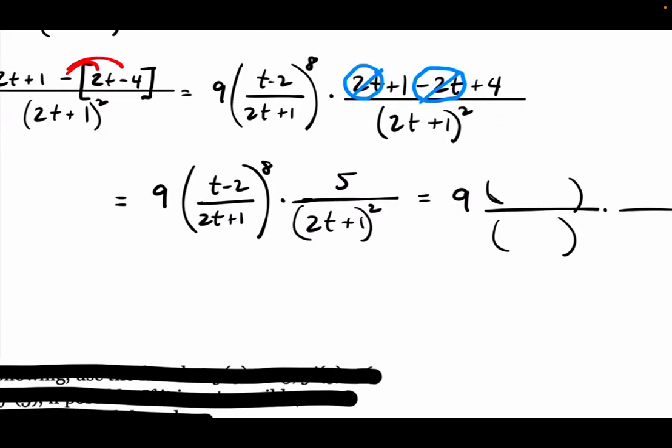They both get an eighth power. The top gets an eighth power, the bottom gets an eighth power. That's when you give a fraction a power, it means the top gets that power and the bottom gets that power. So the top is t minus 2, that's going to get an 8. And the bottom is 2t plus 1, that's going to get an 8.